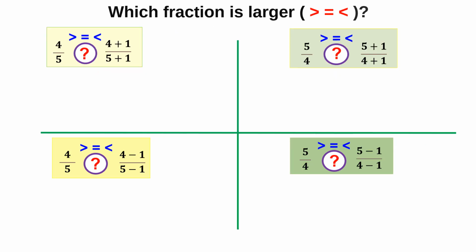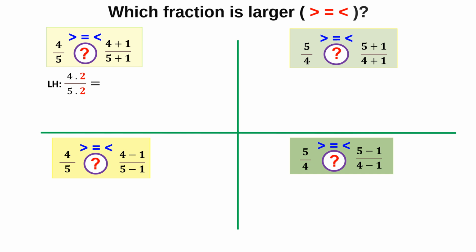There are 4 modified fractions in this slide. We want to see whether the new fractions are less, larger, or equal to the original ones. On the left-hand side, we have 4 over 5.